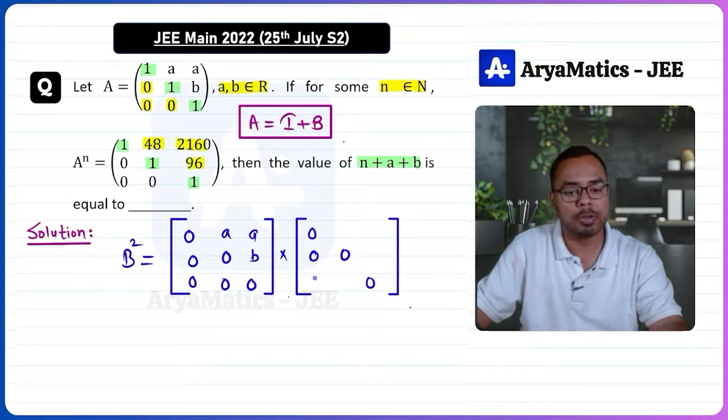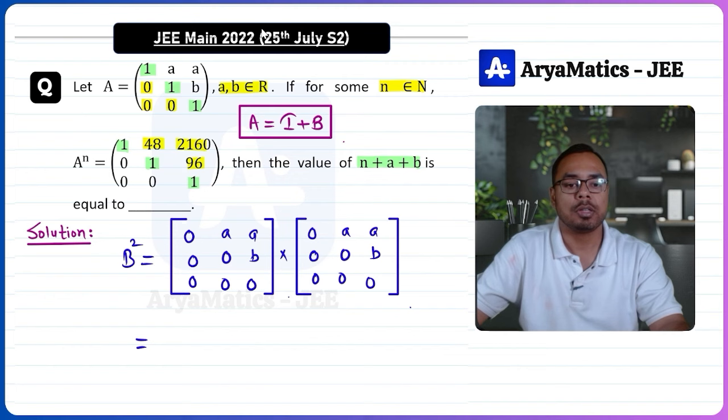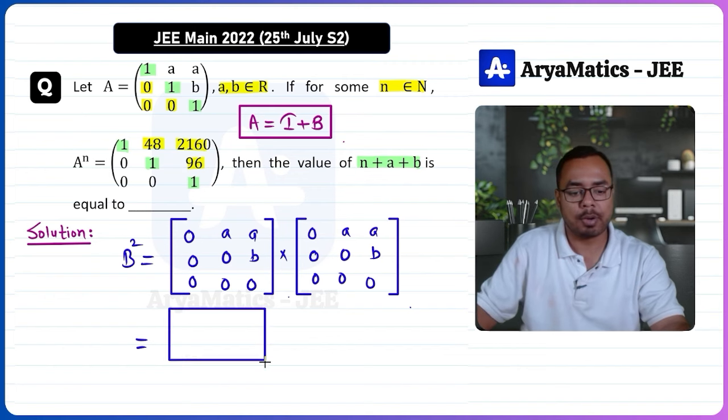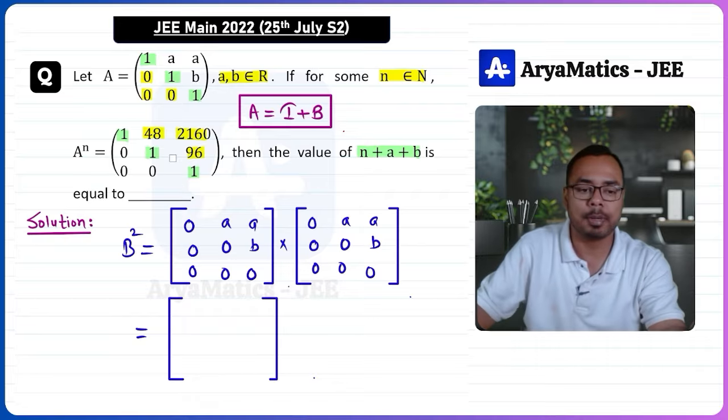The three elements below the diagonal are also 0, and then we have a and b. This is one important concept, because there are a few PYQs where you will get these types of matrices: upper triangular matrices where the elements below the principal diagonal are 0, and we have 1 on the diagonal.